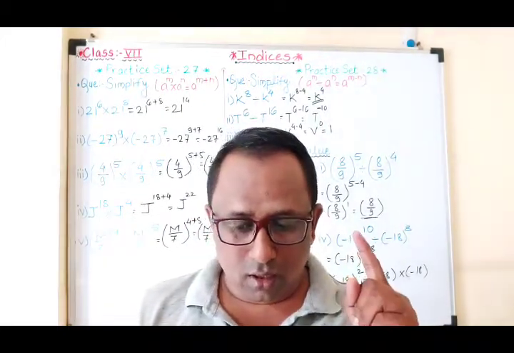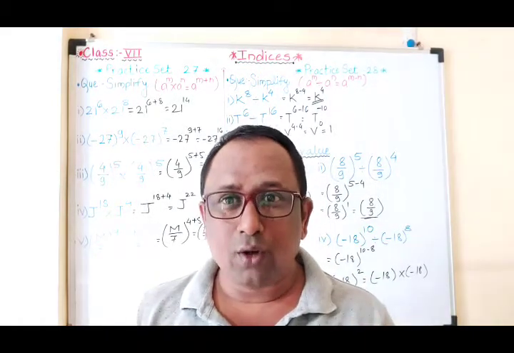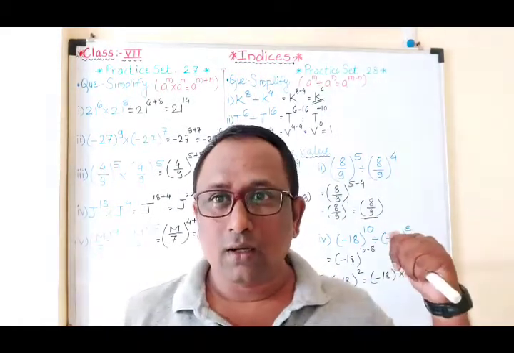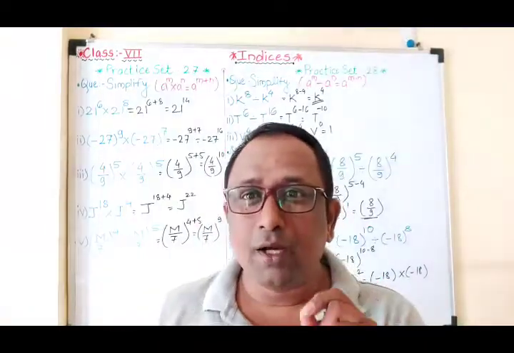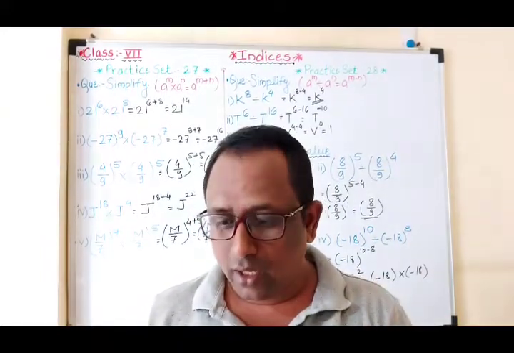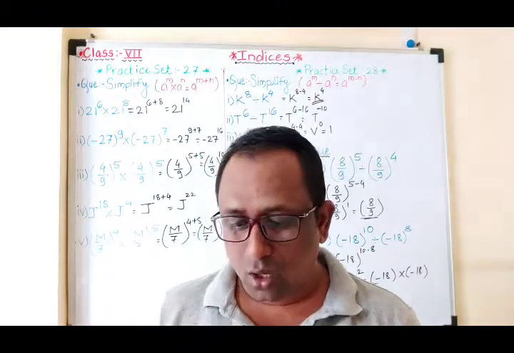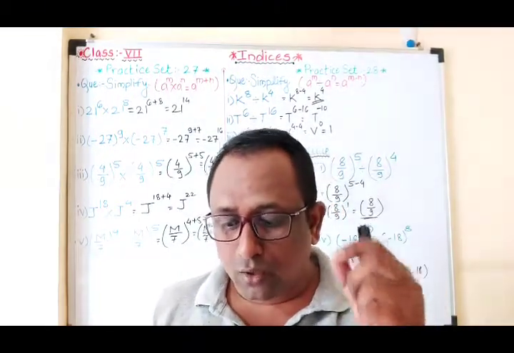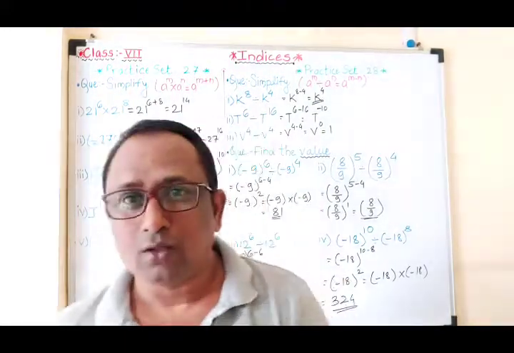I am informing you because you have to update your notebooks till practice set number 28. So update means complete your notebook up to practice set number 28. That's why I am reminding, because soon I'll take your notebooks for correction. So the syllabus is chapters 1 to 7, from geometrical construction to joint bar graph.